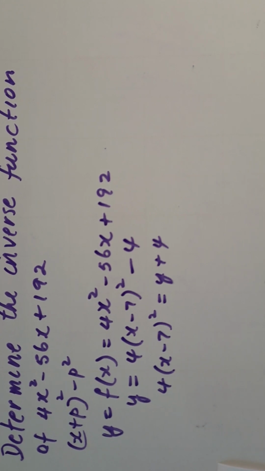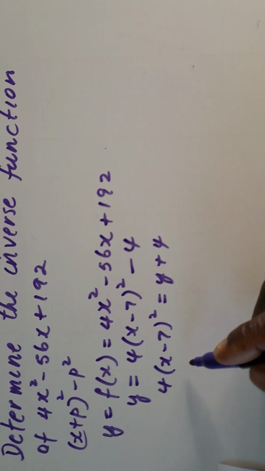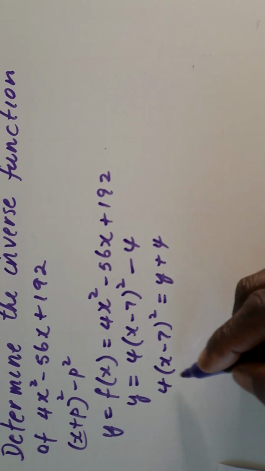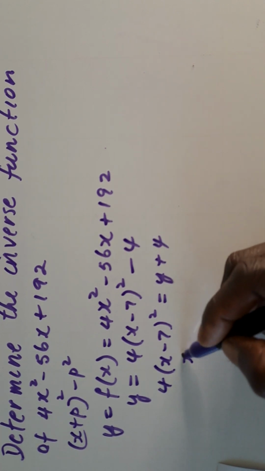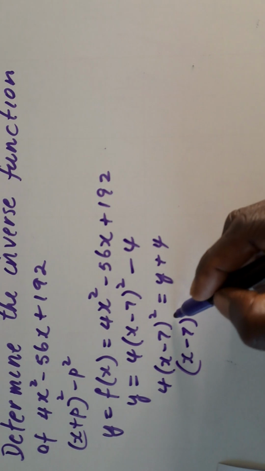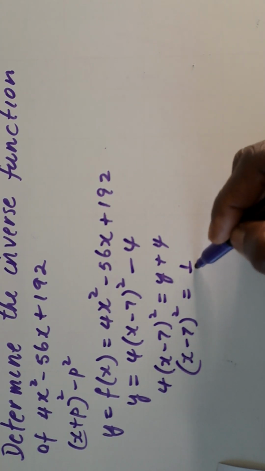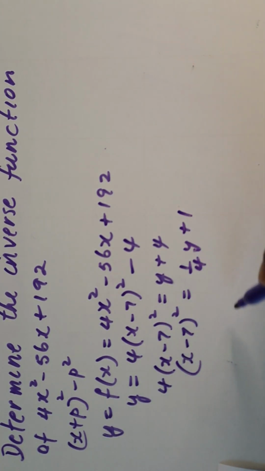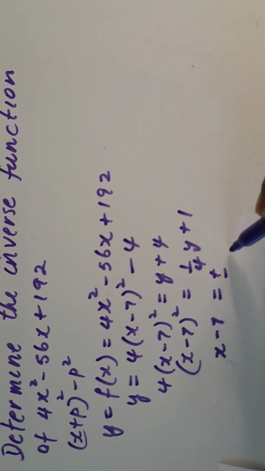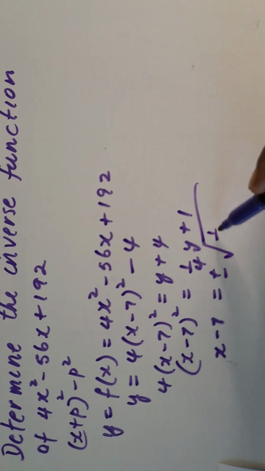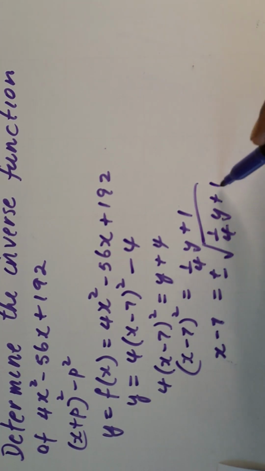We ran out of space on the previous page, so let me go through this again. So rearrange here. We'll divide each side by 4, which will give us (x minus 7) squared is equal to a quarter y add 1. If we take the square root of both sides, we have x minus 7 is equal to plus or minus the square root of a quarter y add 1.